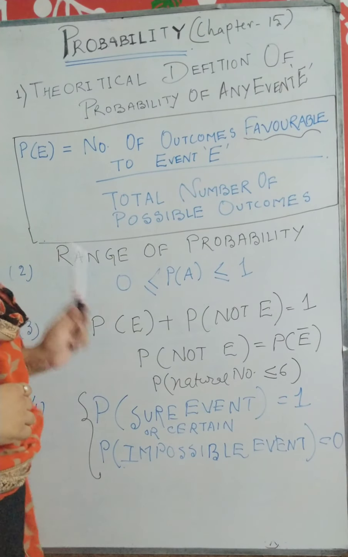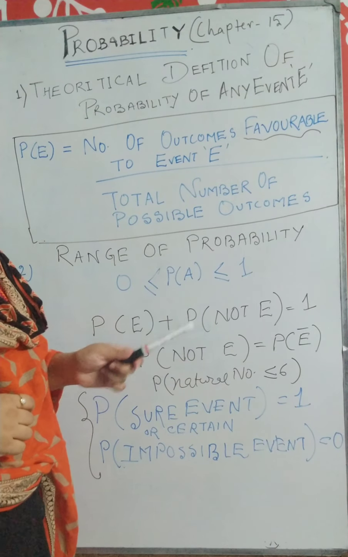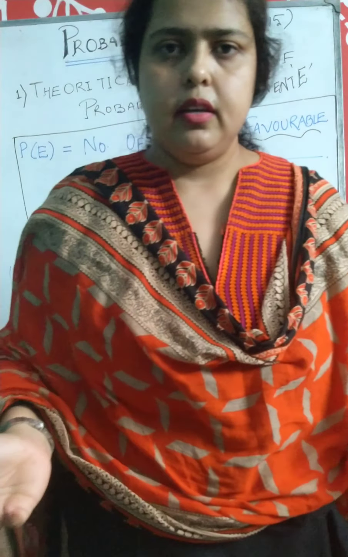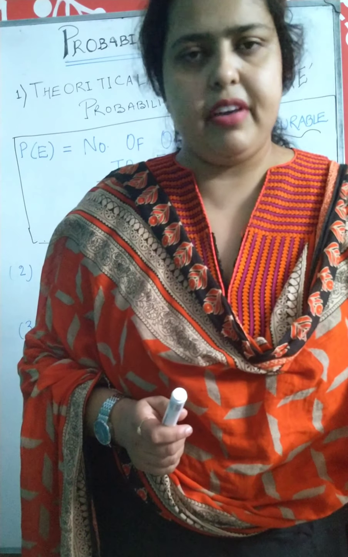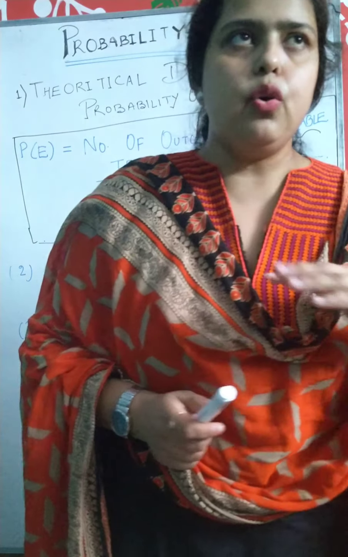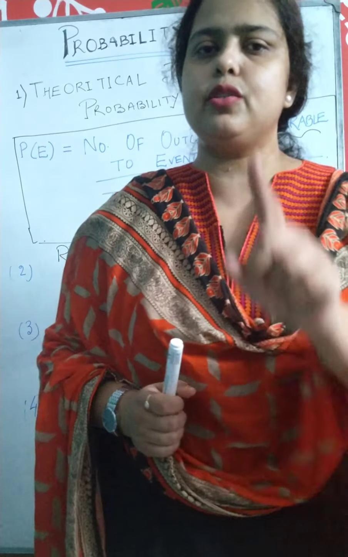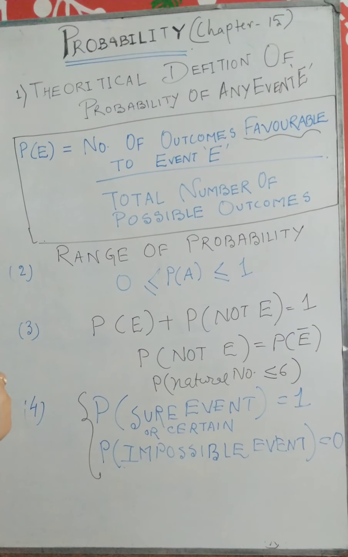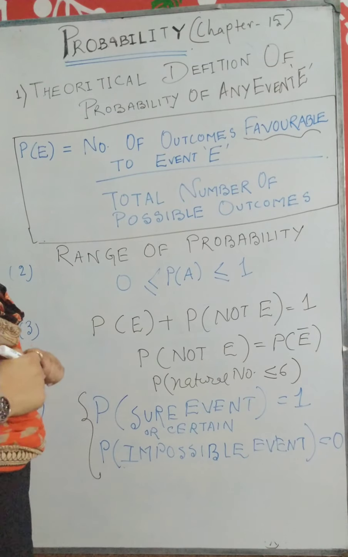So I am going to get 1, 2, 3, 4, 5, 6, and stop there, because it's less than or equal to 6. All 6 are favorable. Out of 6, 6 by 6 gives you 1 as the answer. So please remember, children, the probability of a sure event is always 1.